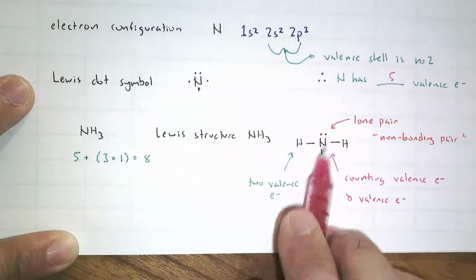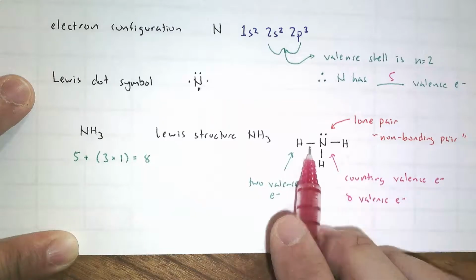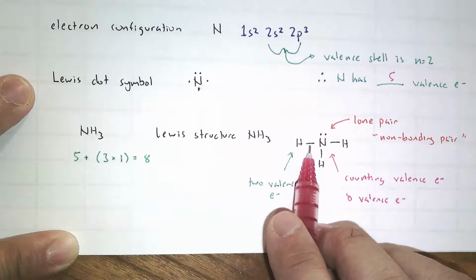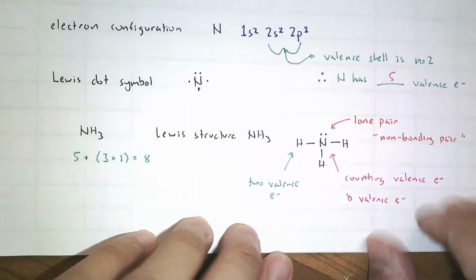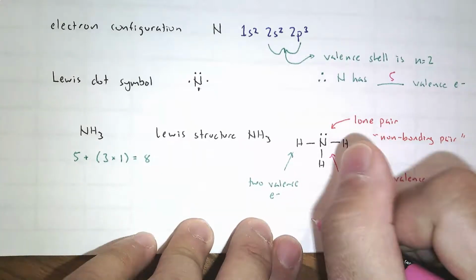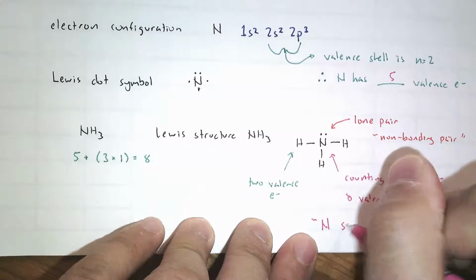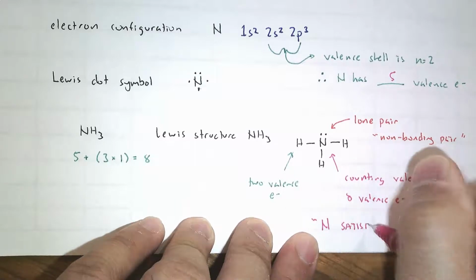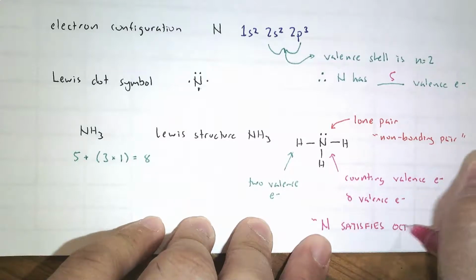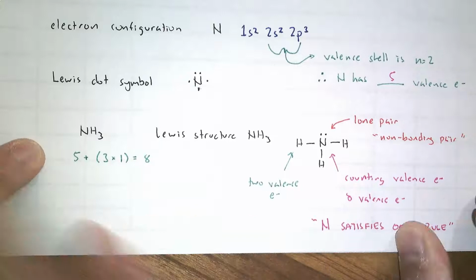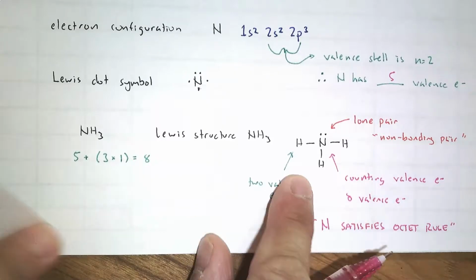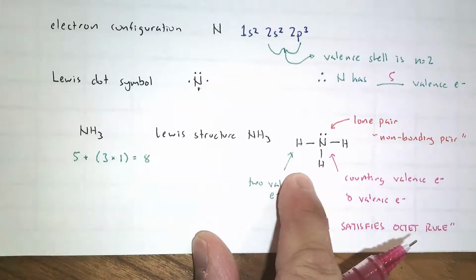You count every single electron that you see. When you have a line, you should be seeing 2 electrons. When you have a lone pair, you should be seeing 2 electrons. The bottom line is that N satisfies the octet rule. That is our main conclusion when we have the Lewis structure of NH3.